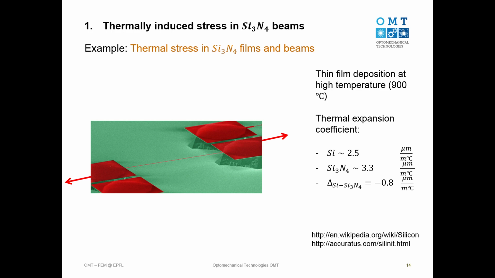For example, Mario came to me the other day. They were using these aluminum drums, and they were cooling down to dilution refrigerators. The same thing can happen. When you change the temperature, and your substrate and your system have different thermal expansion coefficients, they can either compress or pull against each other.